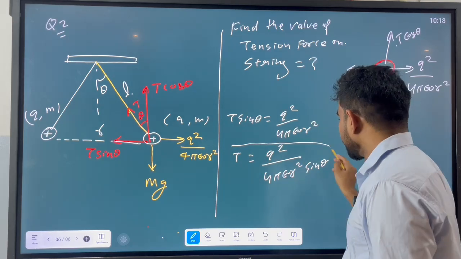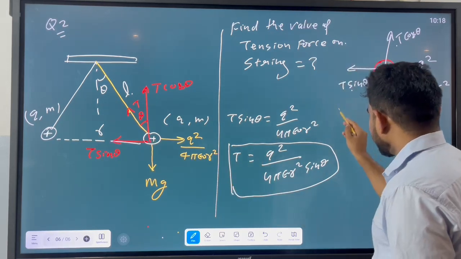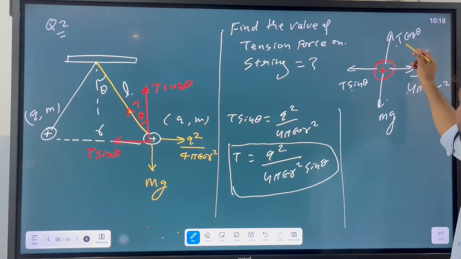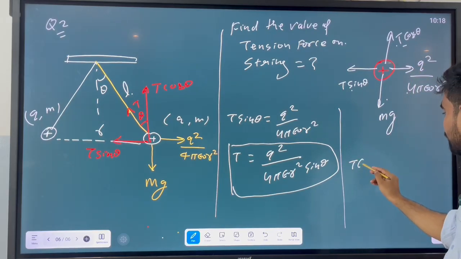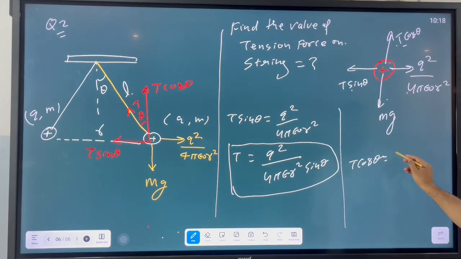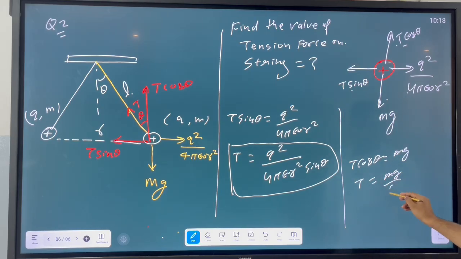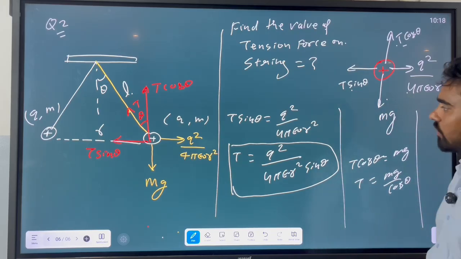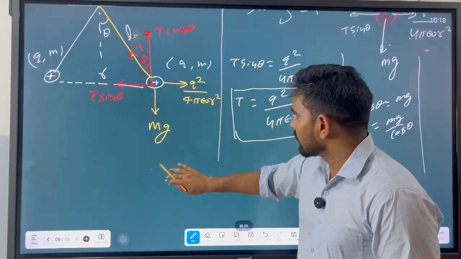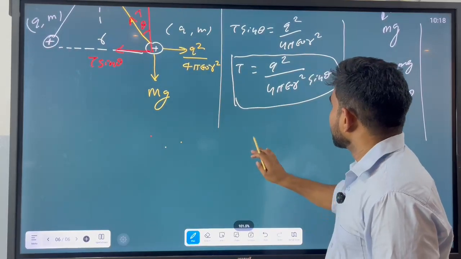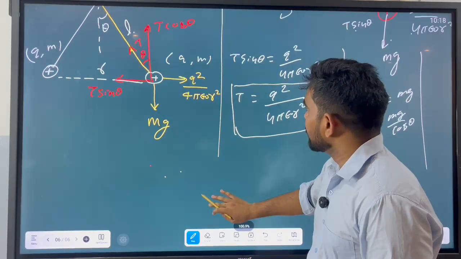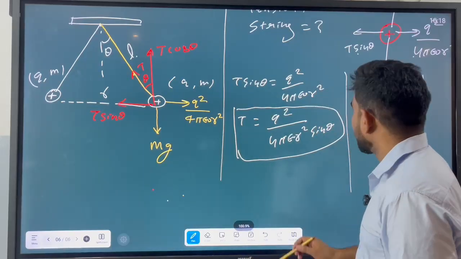Next formula for the tension force: T cos theta equals mg, meaning T equals mg divided by cos theta. If we want to calculate the value of the angle, we divide both equations.